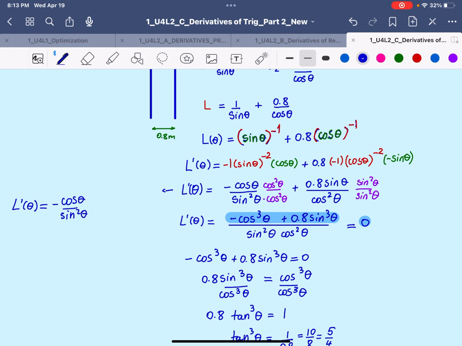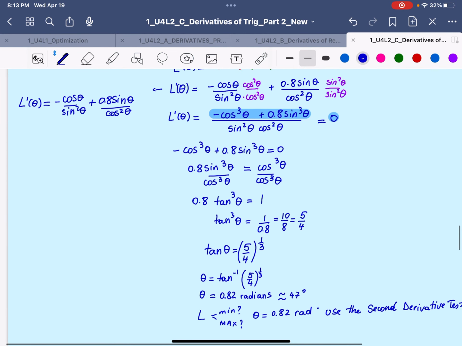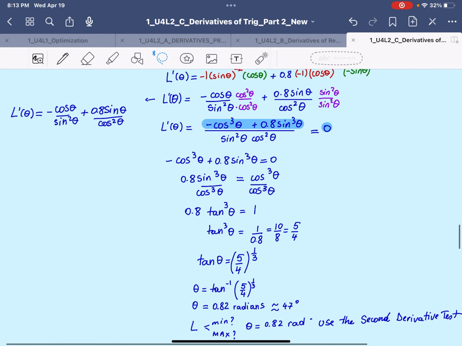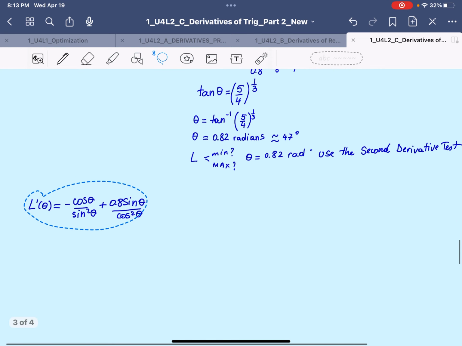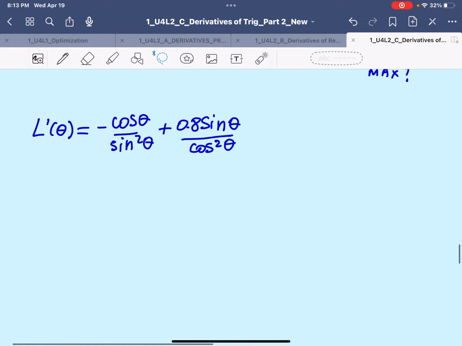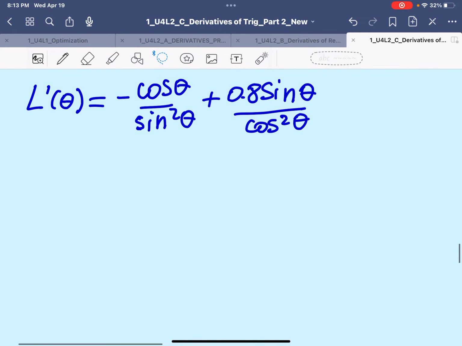And the other term is plus 0.8 sine theta over cosine squared. So we'll differentiate this just for the fun of it. I'm going to bring this a little bit further down so we have more room to show our work more clearly. All right, here we are.